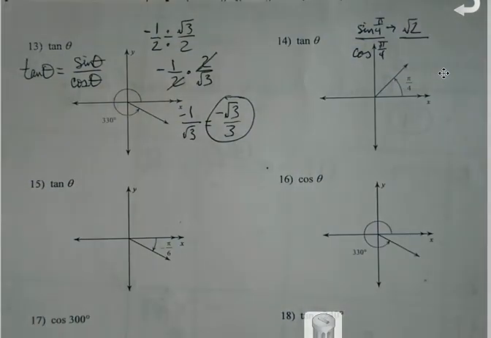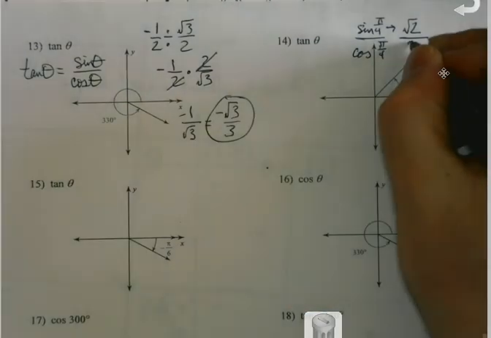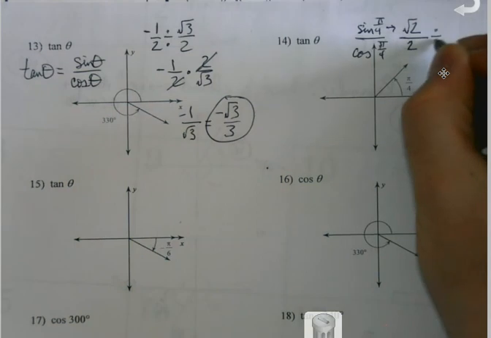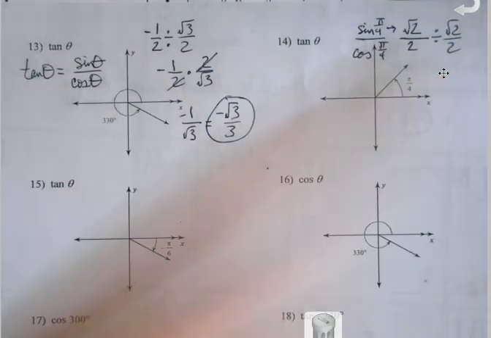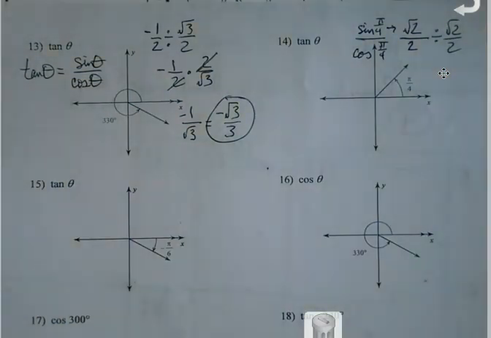Which is, anybody? They're like the same thing. Okay, so we've got square root of 2 over 2 divided by square root of 2 over 2. That's interesting. What happens when you divide something by itself?